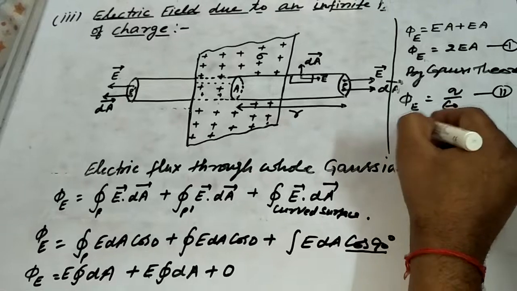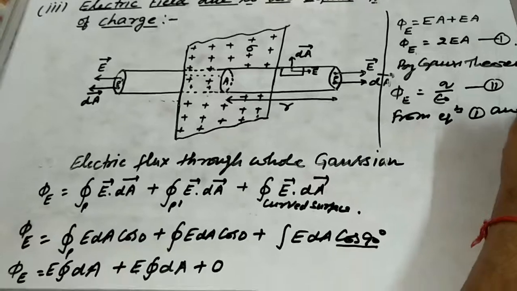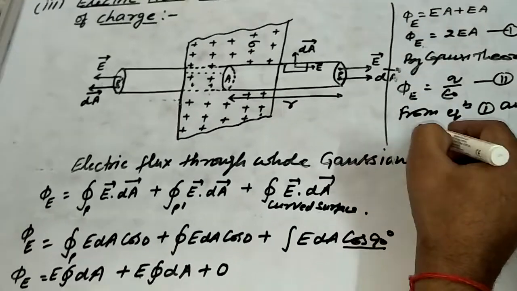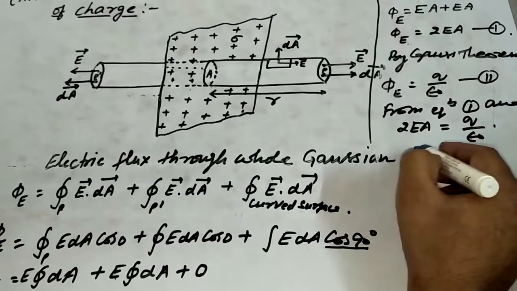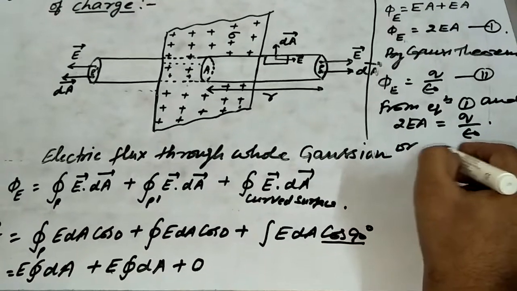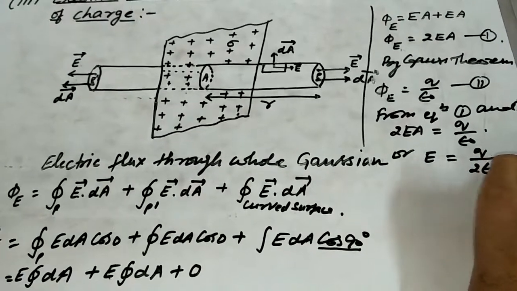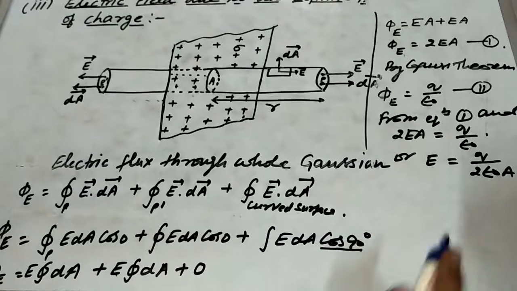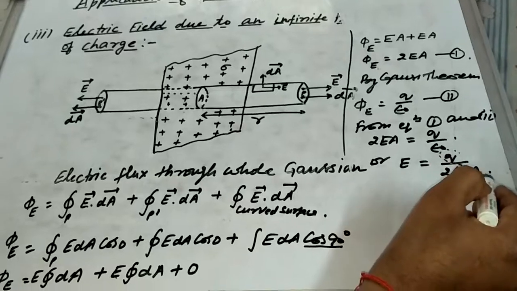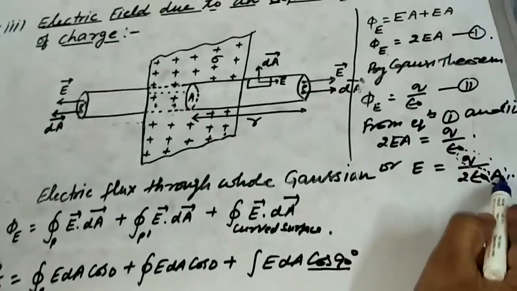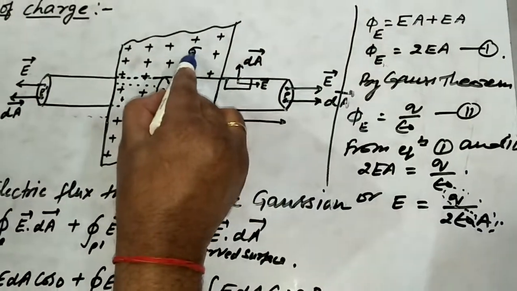So from equation 1 and 2, you can write here 2EA is equal to Q upon epsilon naught, or E is equal to Q upon 2 epsilon naught A. And in place of Q by A, which is the charge per unit area, you can write the surface charge density, which is sigma.